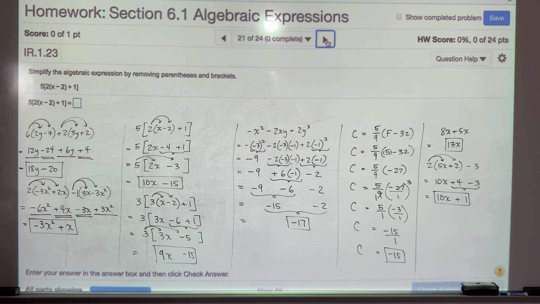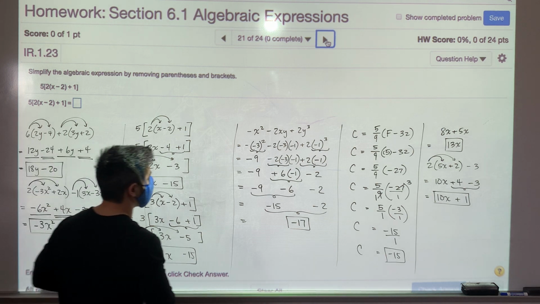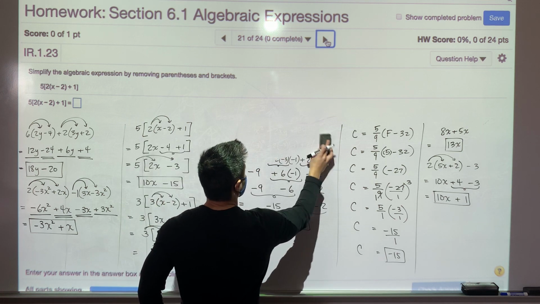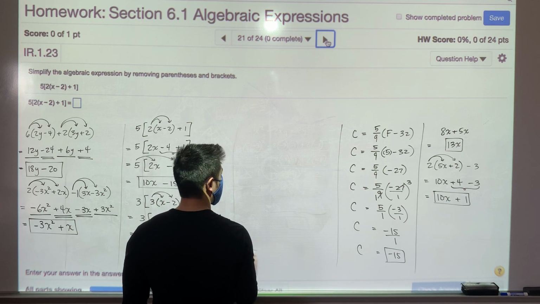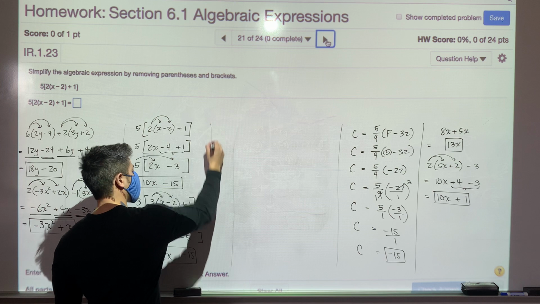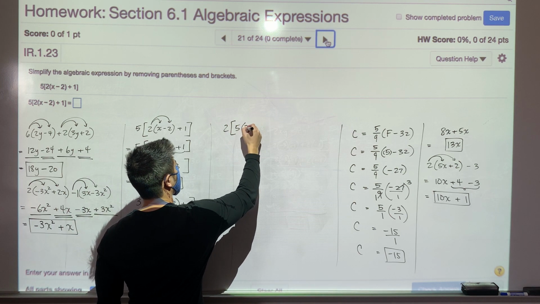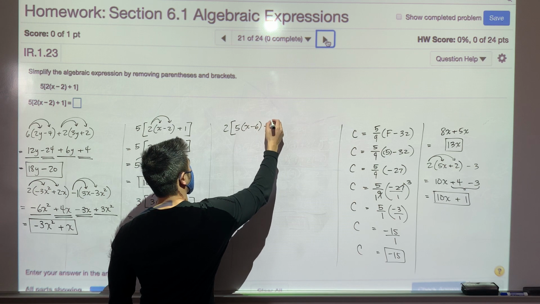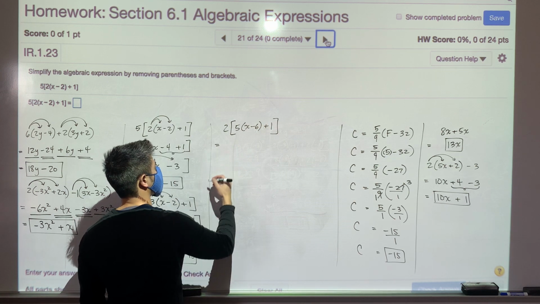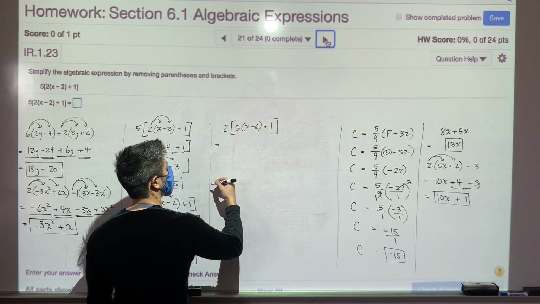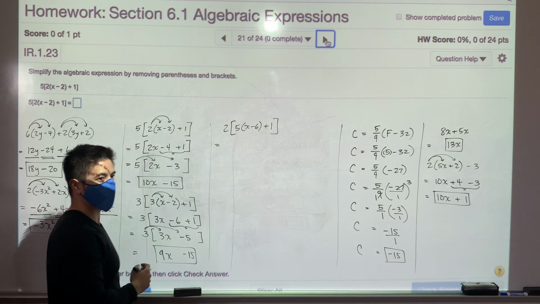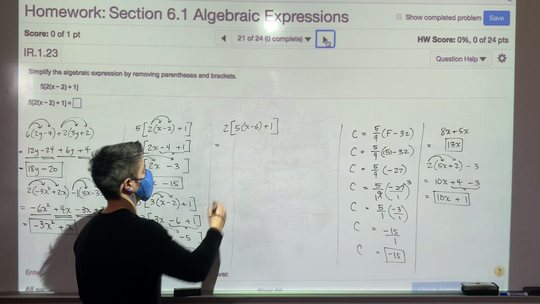Anybody else? Yes? So it's a 2 for the bracket, and then 5, and then parentheses is x minus 6 plus 1. Okay. All right. What do we do first? Multiply the 5 by the x. Good.